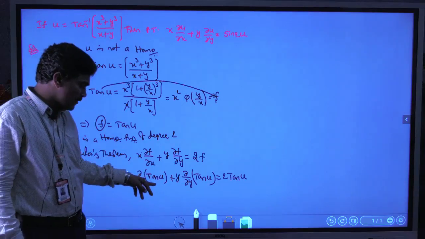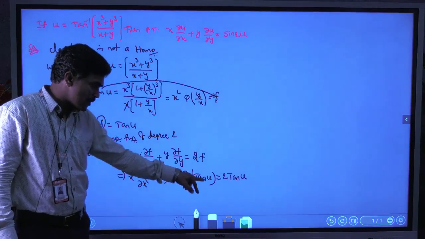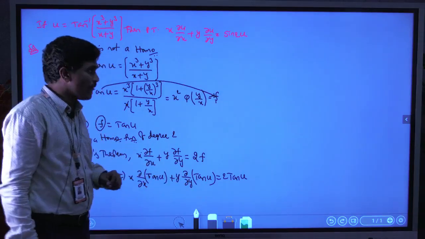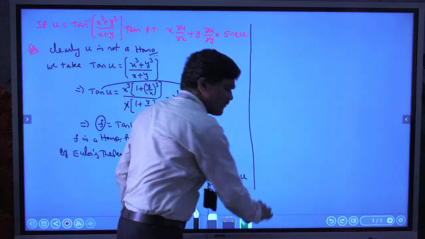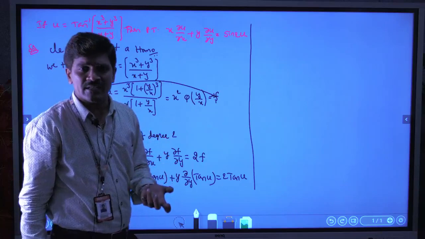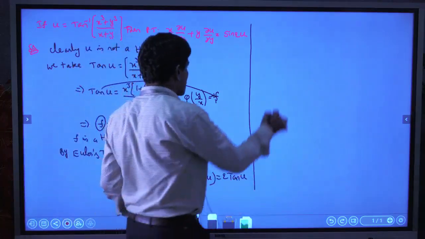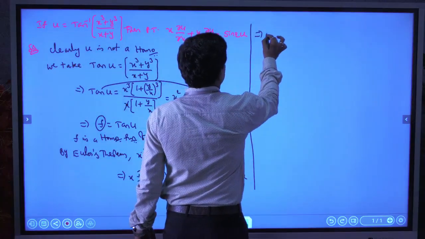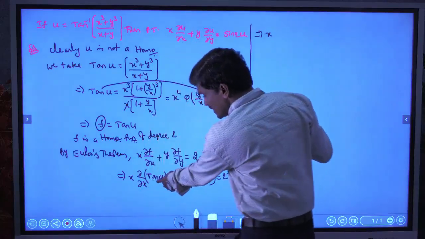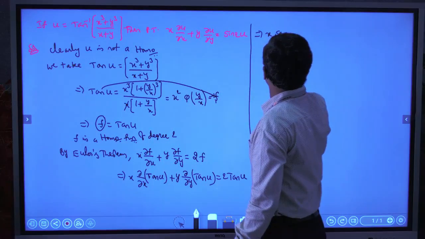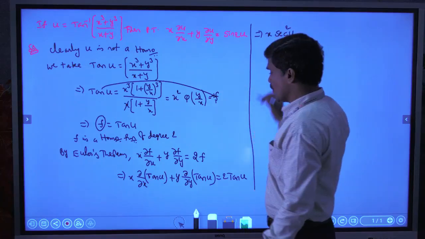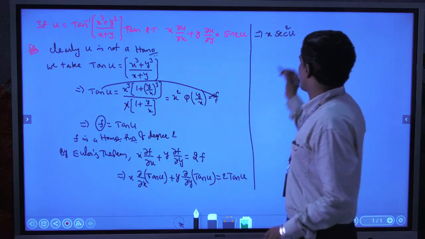Now what is the derivative of tan u with respect to x? And with respect to y? What is the derivative of tan? Derivative of tan is secant square. So that implies x into tan u derivative is secant square u, and again u with respect to x.